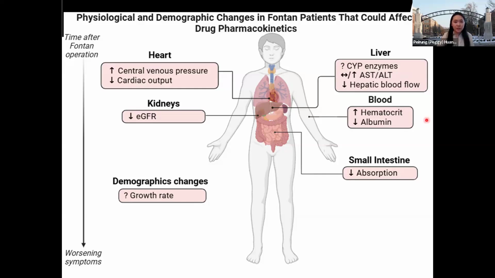And the hematocrit will increase if patients are hypoxemic, as the body increases the hematocrit to compensate for the hypoxemia. Decreasing albumin will occur if patients have protein-losing enteropathy, which is a loss of protein leaking into the intestine. And we also expect the absorption to decrease in the small intestine.